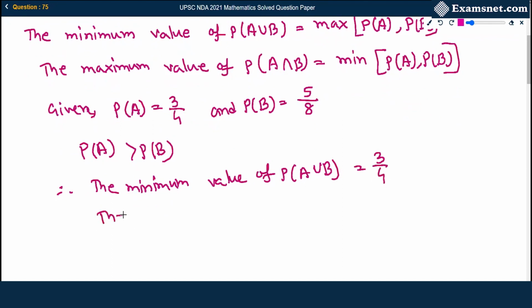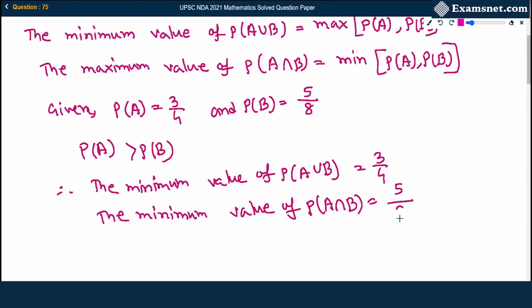And the maximum value of probability A intersection B equals the minimum between probability of A and probability of B. So it's 5/8 because this is the minimum value among these two.